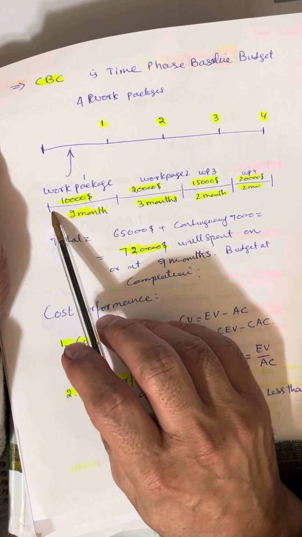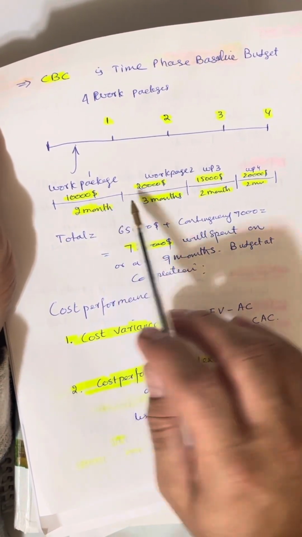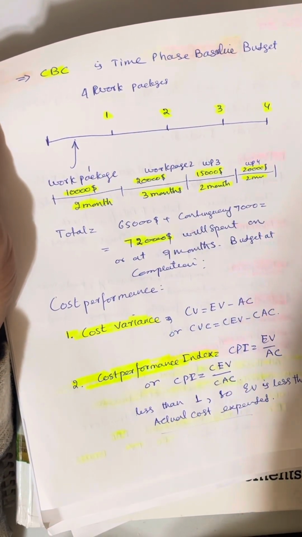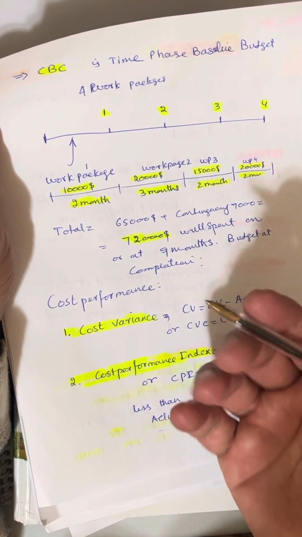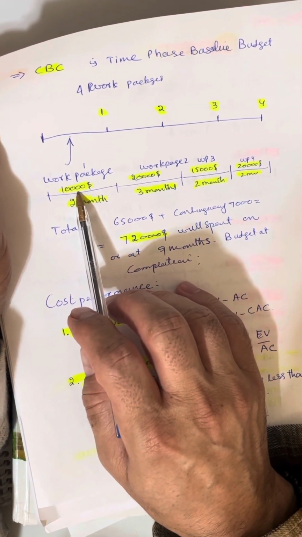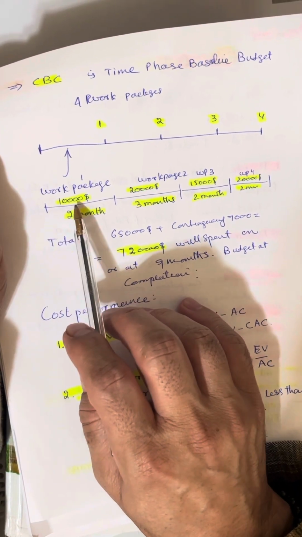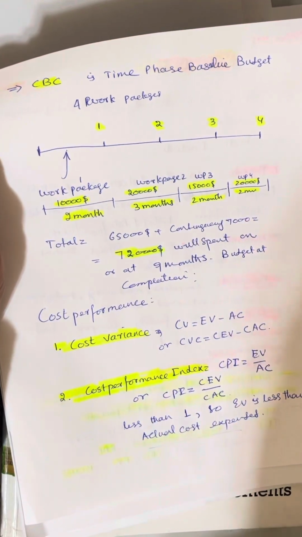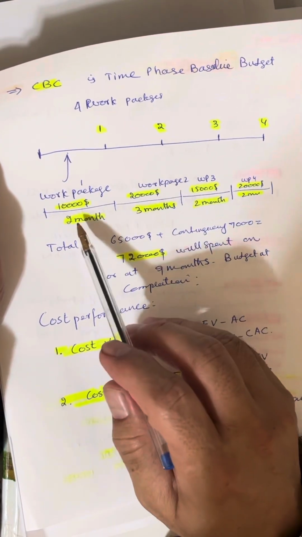So it's easy: sometime in between, if you want to calculate your project cost performance, like CPI or cost variance, then after 1 month in this first work package, you calculate the actual cost you spent and the work performed, the earned value. I will explain that in the next video.